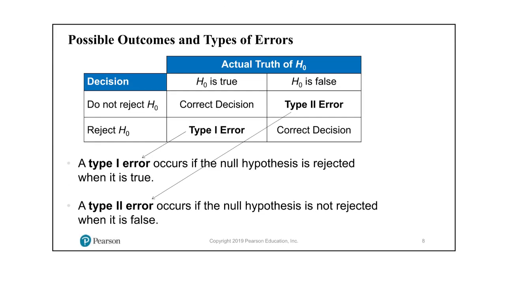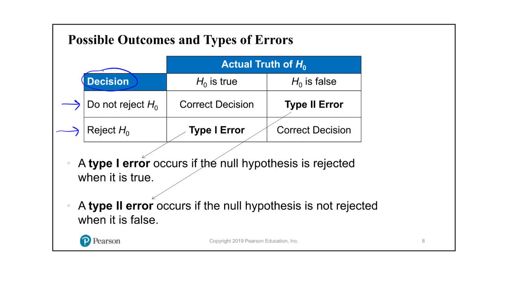So there are two types of errors, basically describing the two situations that I was talking about. Overall, we have four different situations. You're only allowed as your decision to make these two decisions. You either do not reject the null hypothesis or you reject the null hypothesis.